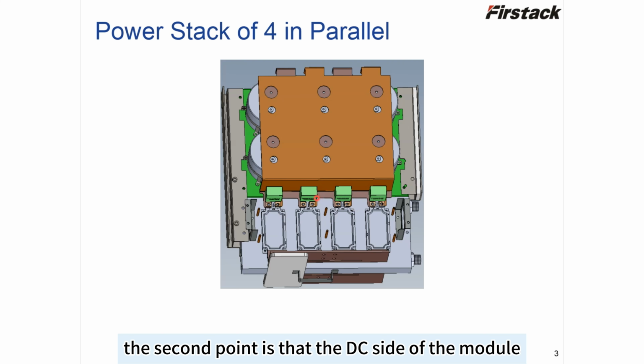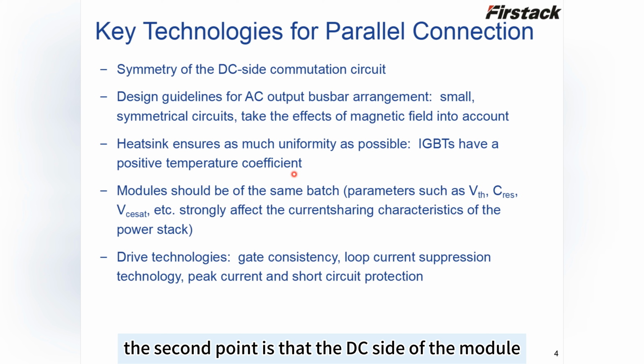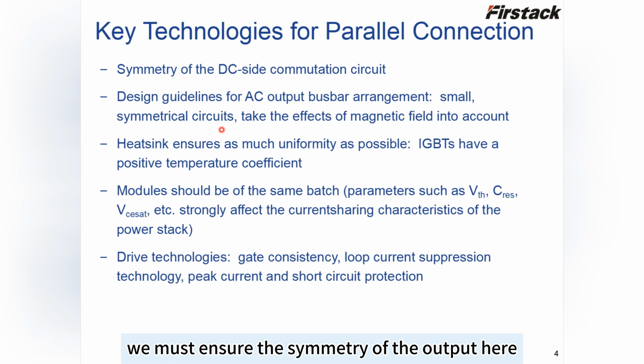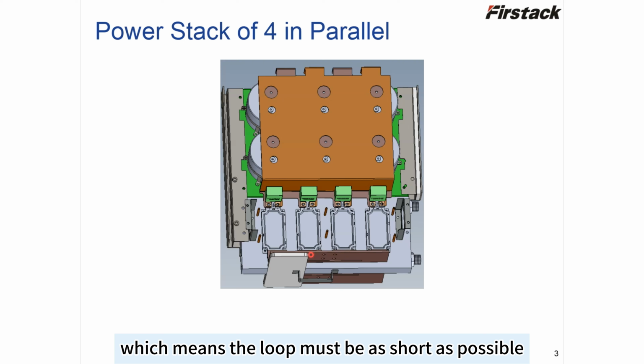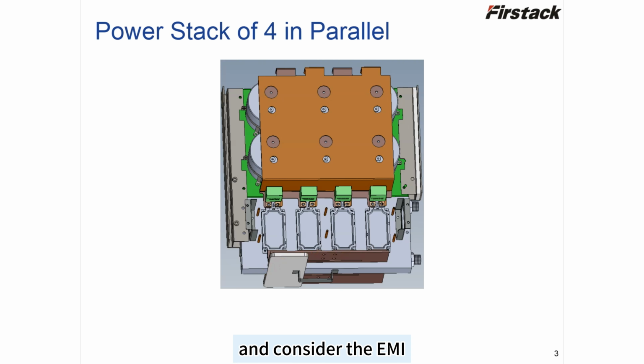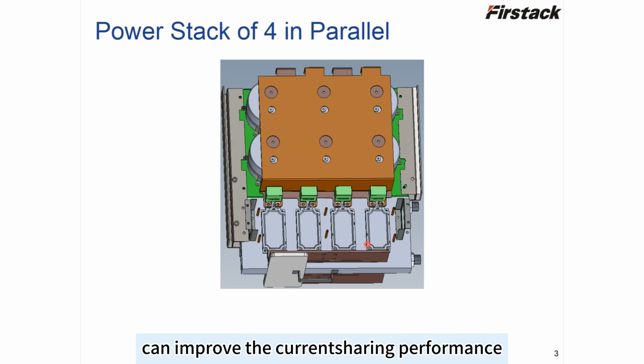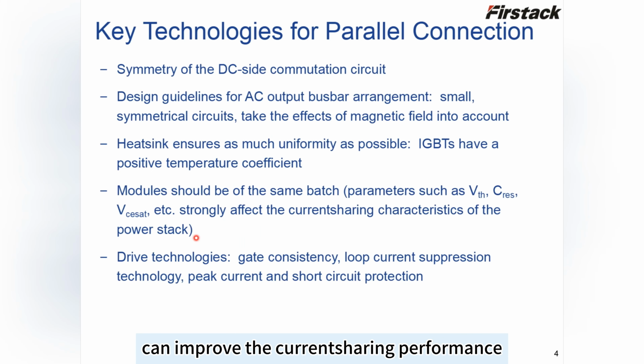The second point is that the AC side of the module, we must ensure the symmetry of the output here, which means the loop must be as short as possible and consider the EMI from the external environment. From this figure here, we can find this copper here when we design this AC bar. These 2 sides are symmetric, which can improve the current sharing performance.